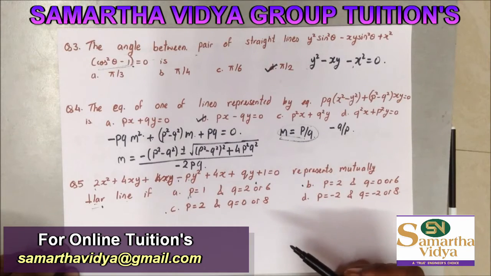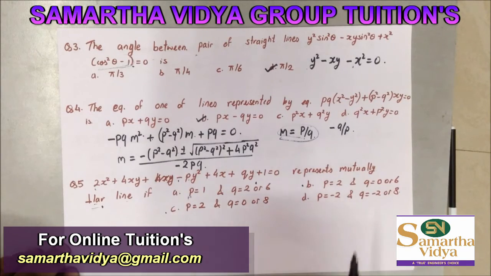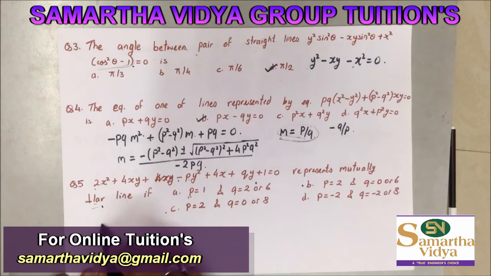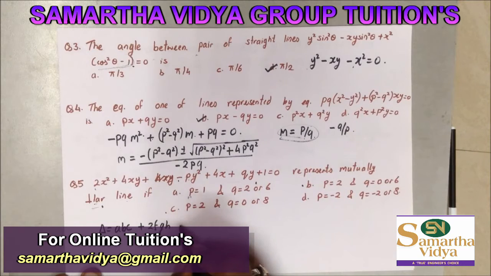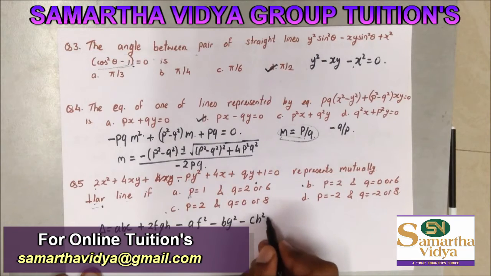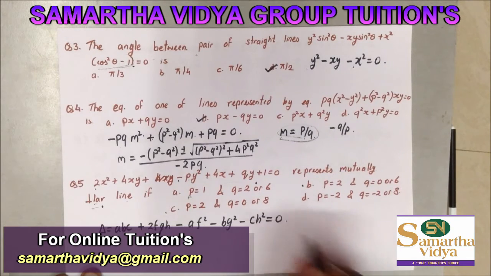So let's go ahead. Since it is a pair of straight lines, it has to satisfy the delta condition, that is delta is equal to 0. So we know that the delta is given by ABC plus 2FGH minus AF square minus BG square minus CH square, and this thing should be equal to 0.